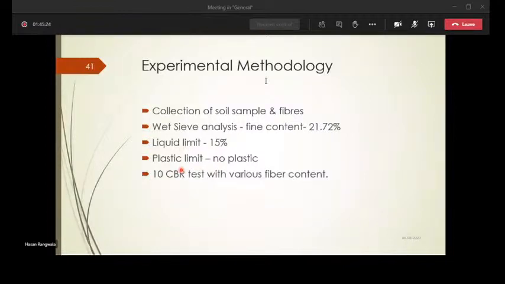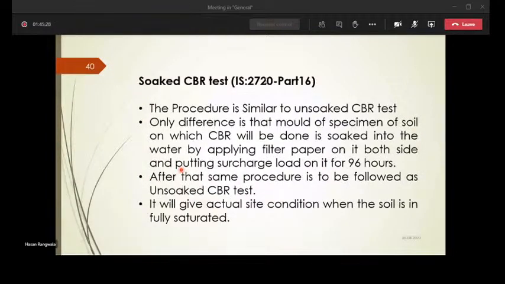Similarly, in the soaked CBR, we put the soil in water in saturated condition for 4 days, and we test it again. The difference between unsoaked and soaked CBR is that it gives a better idea of the CBR strength of fully saturated soil.